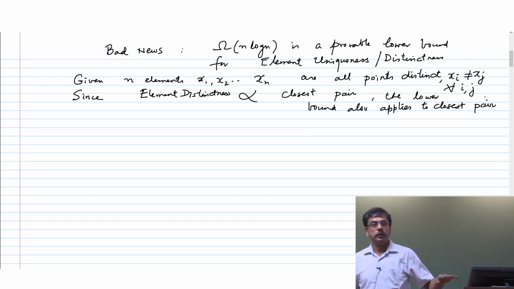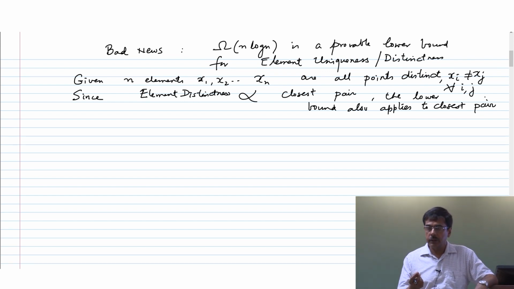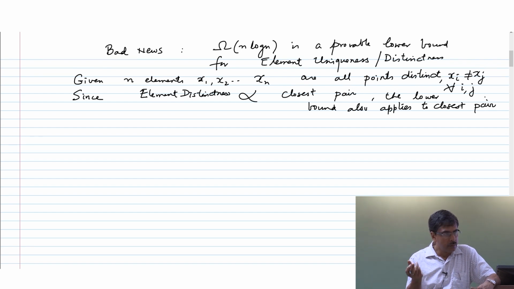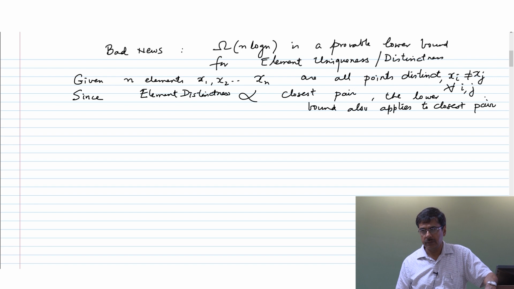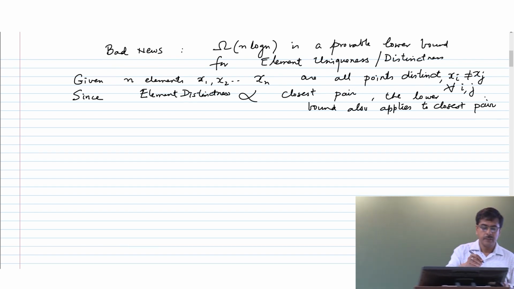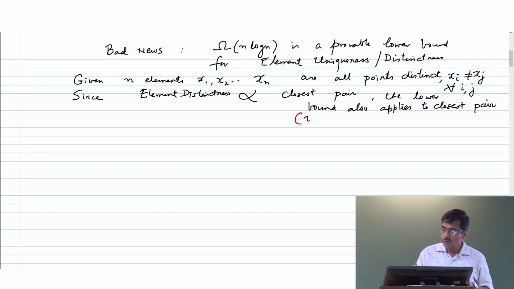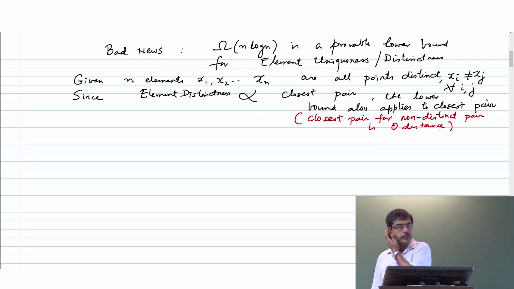I will just find out what is the closest pair, and if the closest pair distance is 0, then they are clearly not unique, and vice versa, right. So I can't do better than that.